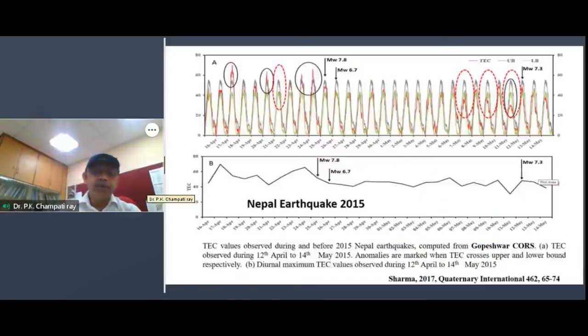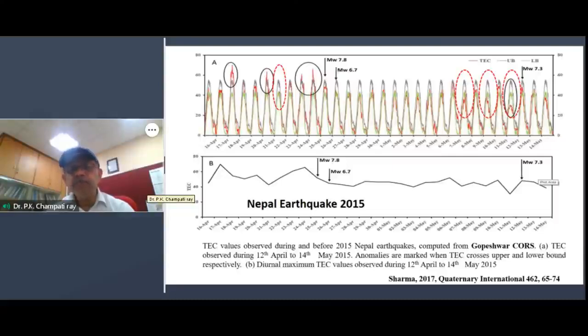Now what we see is a clear-cut variation. This is using not the global data but our own instruments, which you installed over here. The round circle marks the blocks I have shown here. The anomalous signals have been observed a couple of days before, and a very significant anomaly we are also seeing 14 days before.